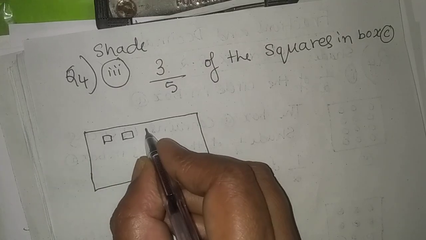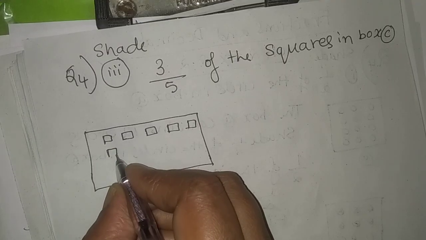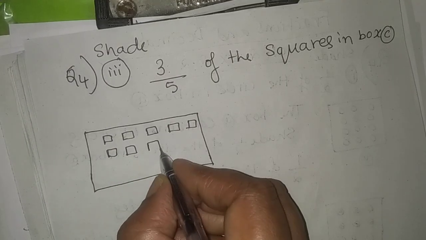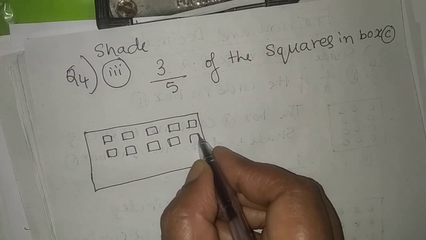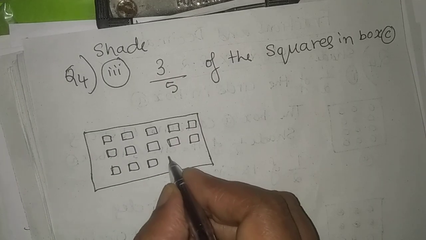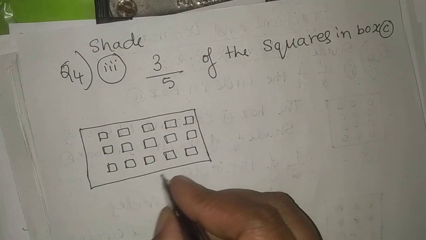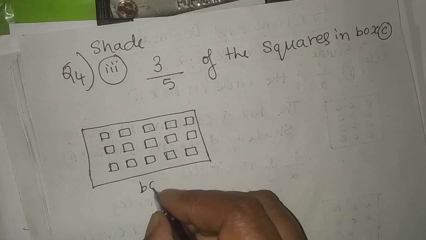This 2, 3, 4 and 5. And 5. This is box C.